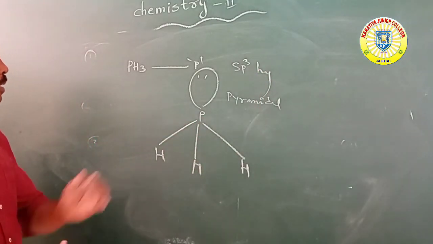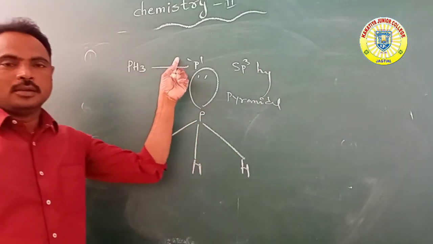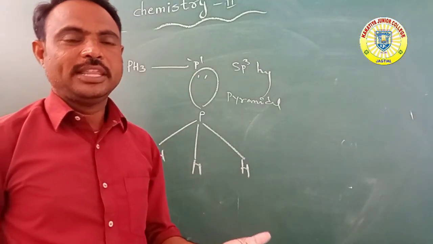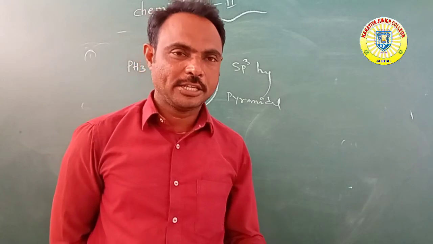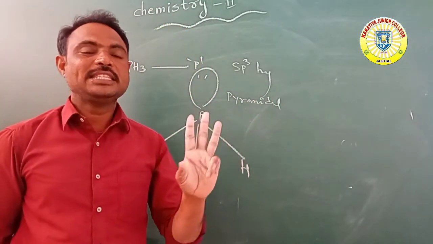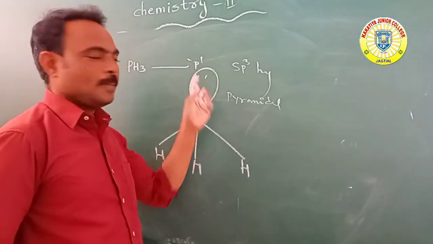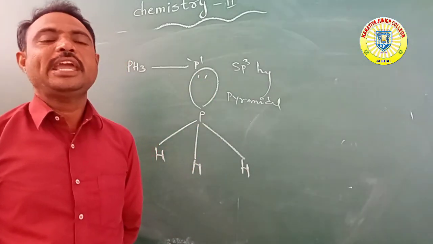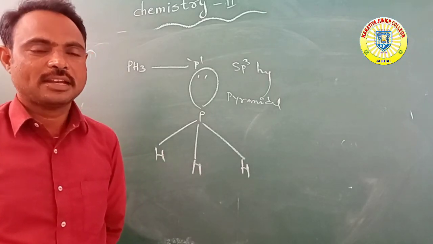So in PH3 phosphine, the central atom is phosphorus. What is the electron configuration in the outer shell? 3s2 3p3 3d0. So 3p3 contains 3 single electrons. Each hydrogen contains one single electron, so 3 hydrogen atoms contain 3 single electrons.